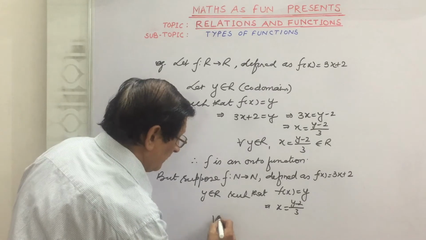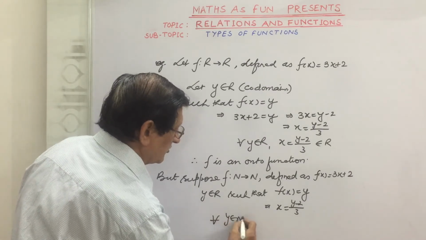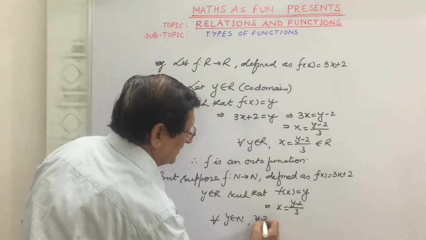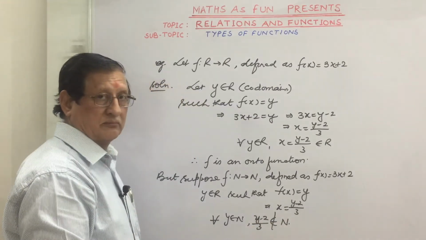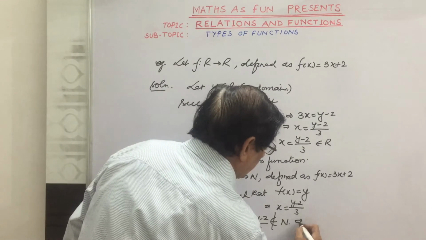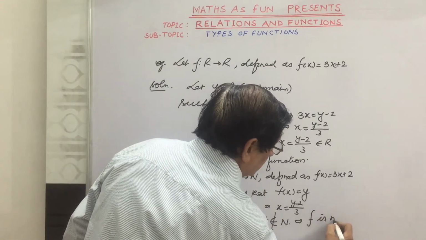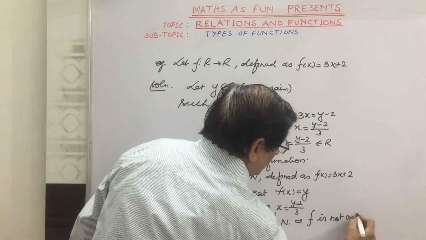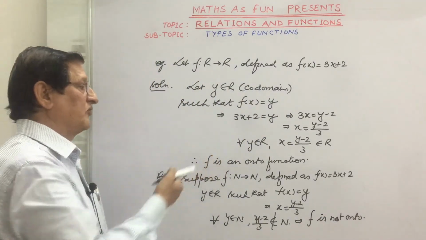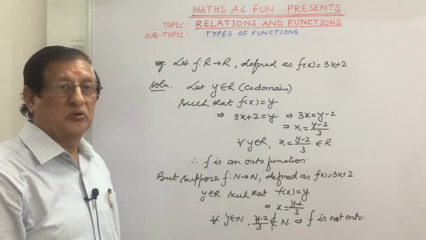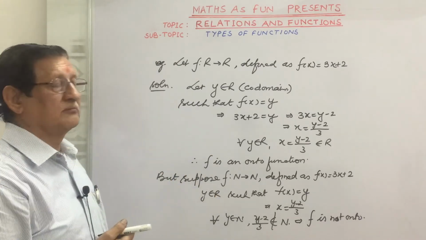So for every y belonging to natural numbers, (y - 2)/3 does not belong to N. And therefore we say that f here is not an onto function. So this is the way we can find out whether the function is onto or not.